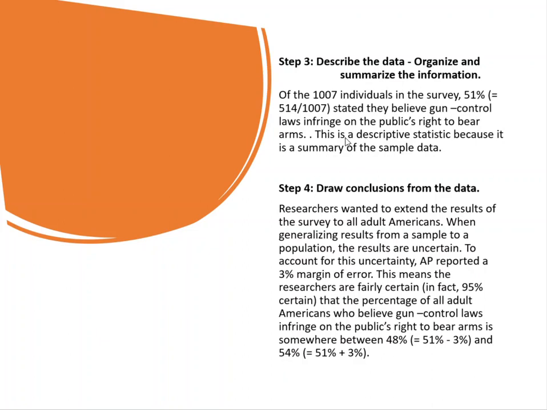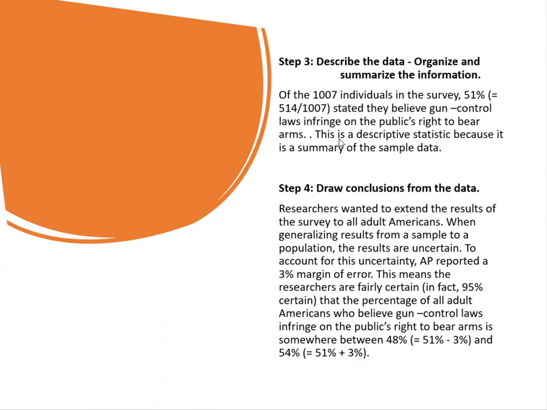We have discussed already that when we are looking at data that we're collecting, there has to be variability in that data. If my question is, do you believe gun control infringes on your rights?